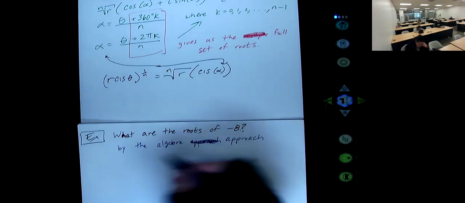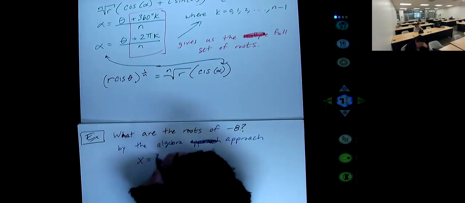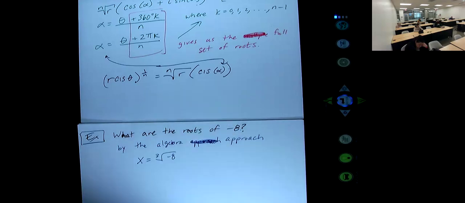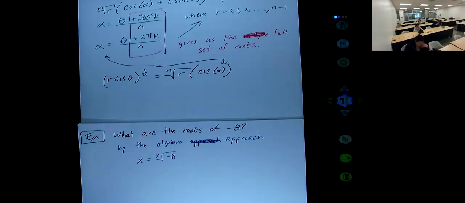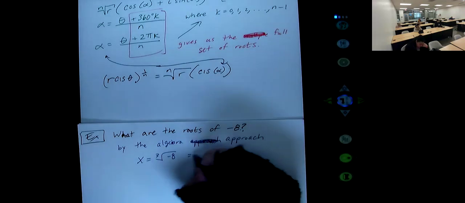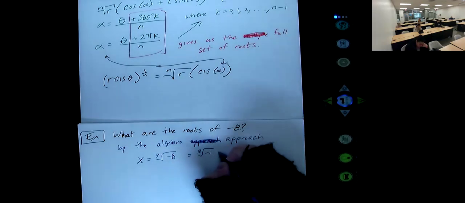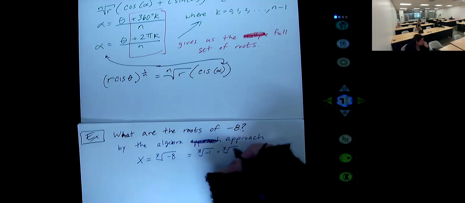This is like saying x equals the cube root of -8, which is the cube root of -1 times the cube root of 8.